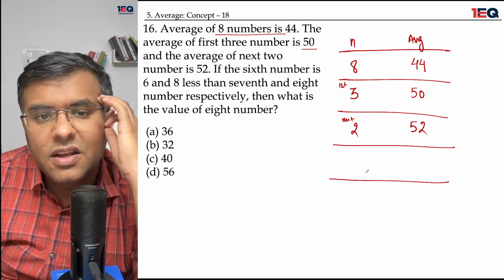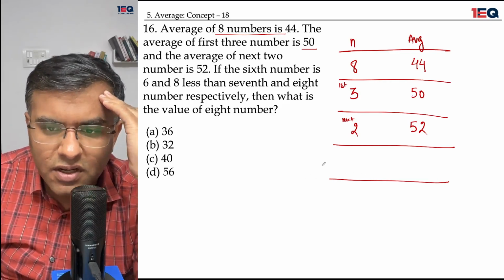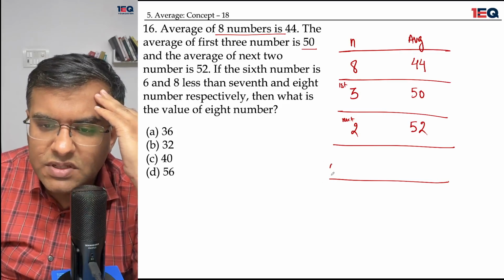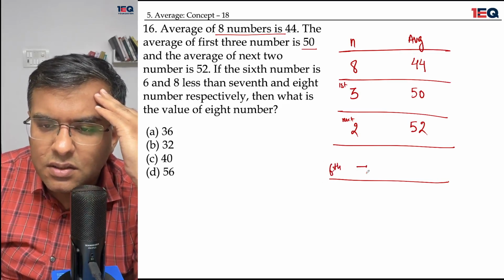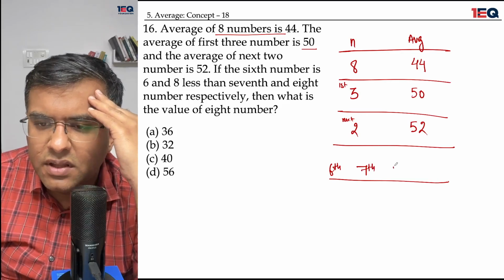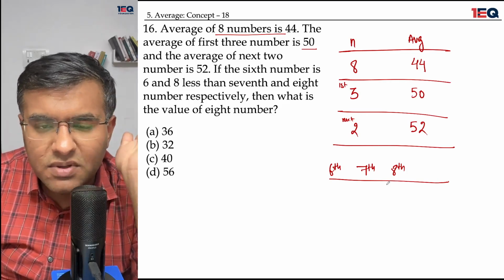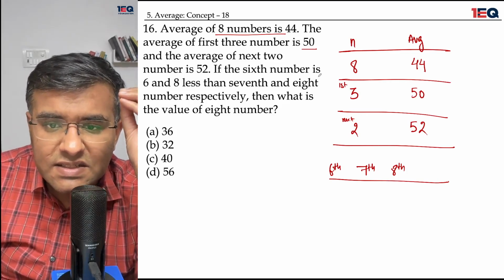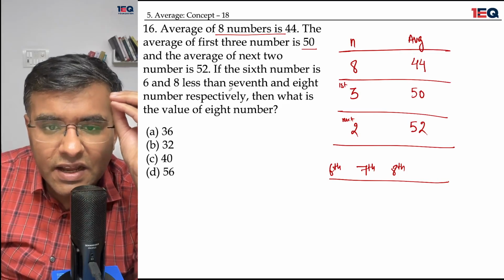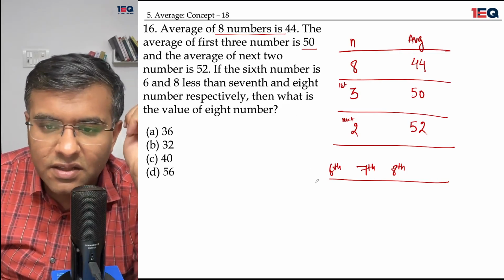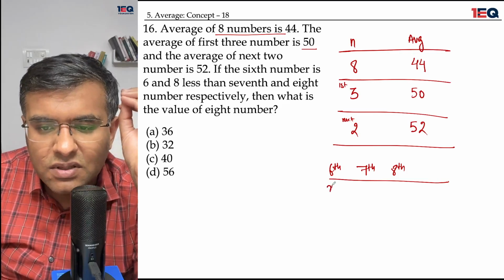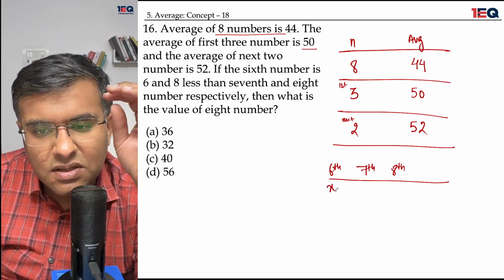Now there are three numbers left. The three numbers are 6th, 7th, and 8th. Okay, these are the three numbers that are left. If the sixth number is 6 less than and 8 less than the 7th and the 8th number respectively, let's assume the sixth number is x.